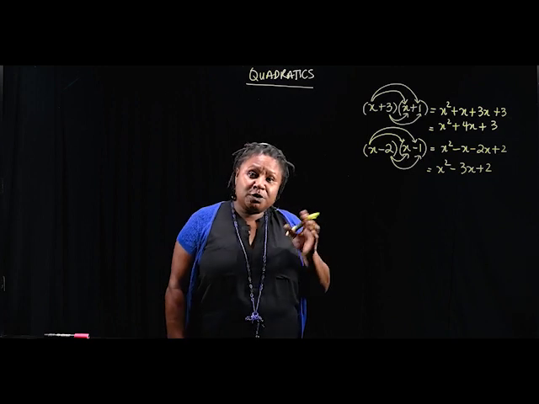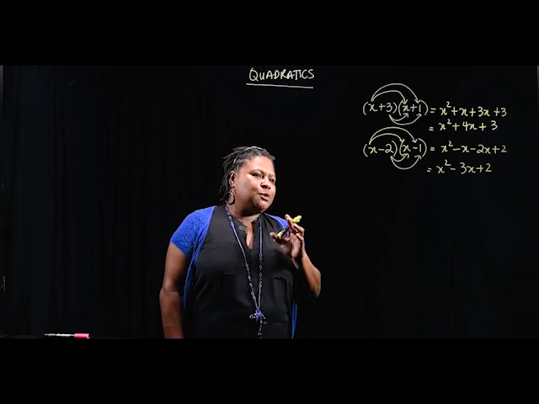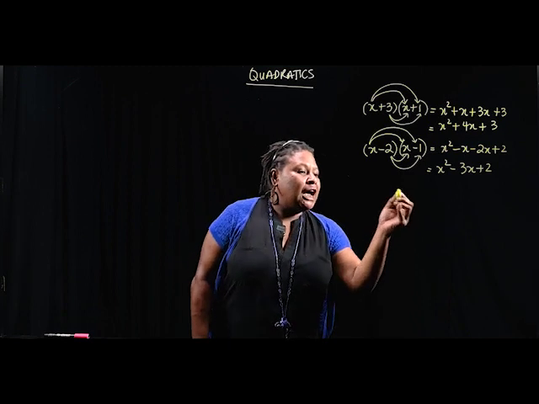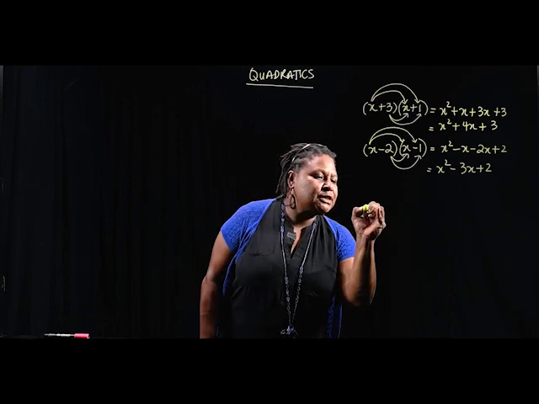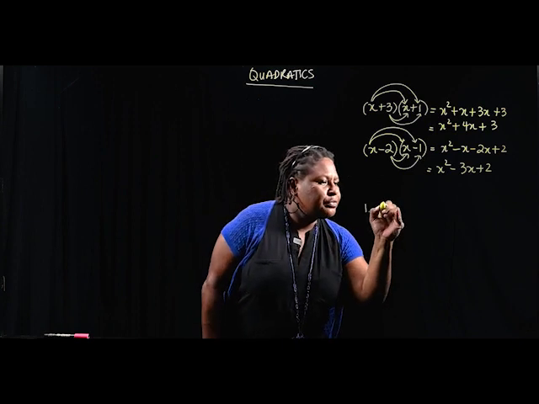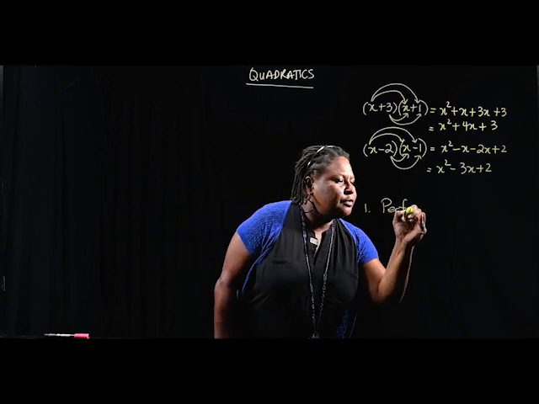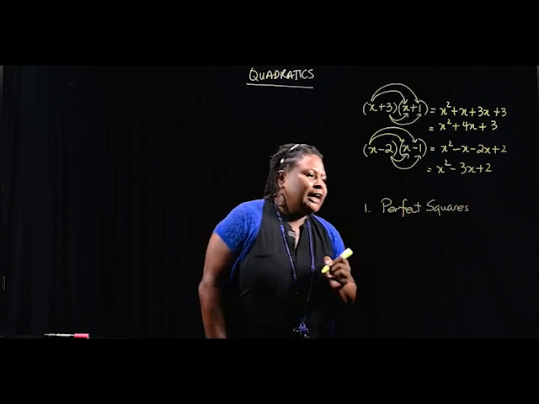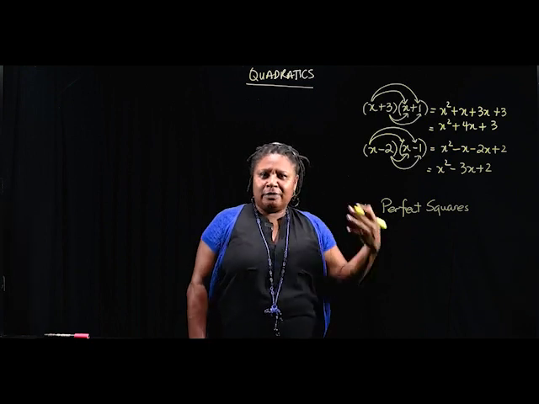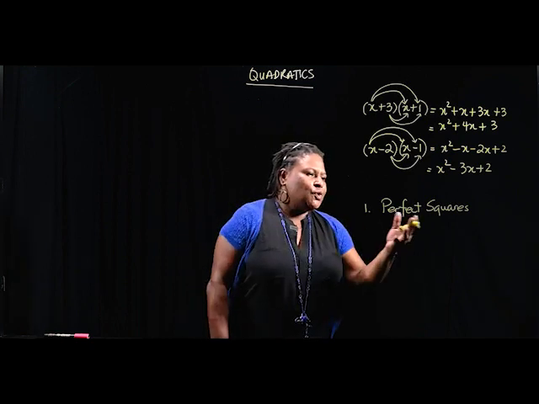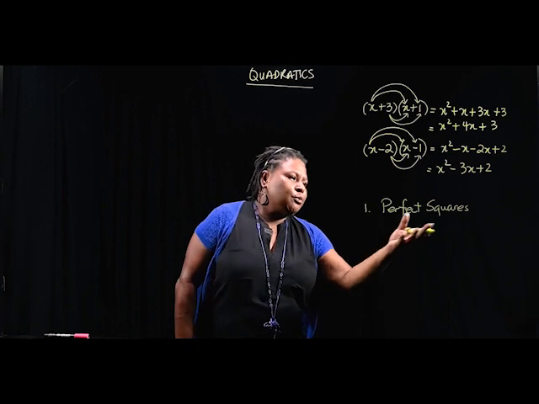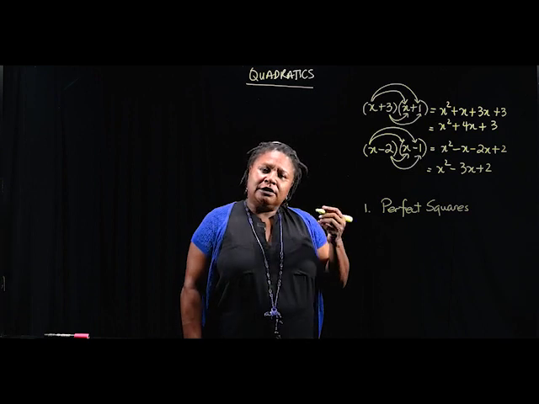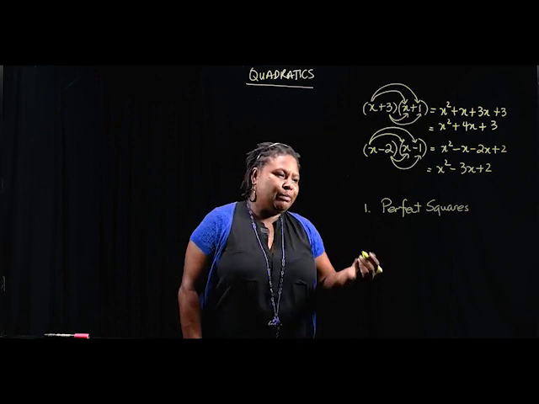Now there are two special cases. The first one is perfect squares. When you hear perfect squares, you should already have the idea that something is multiplied by itself. In quadratics, when we talk about perfect squares, we mean that one binomial or linear expression is multiplied by itself.